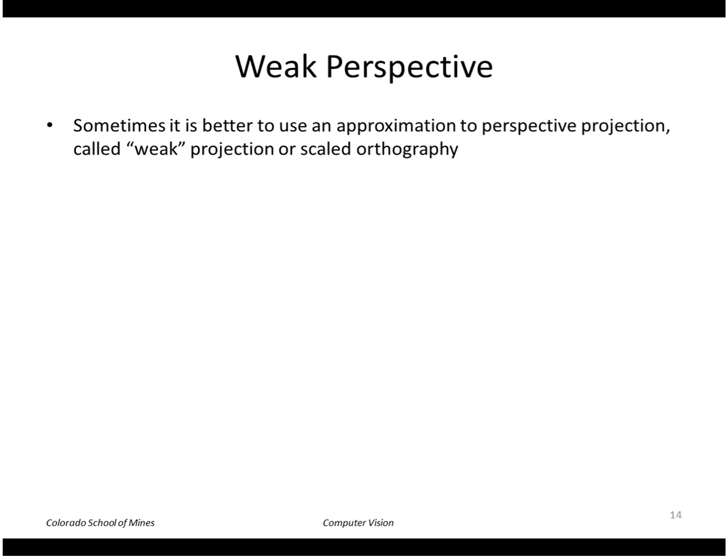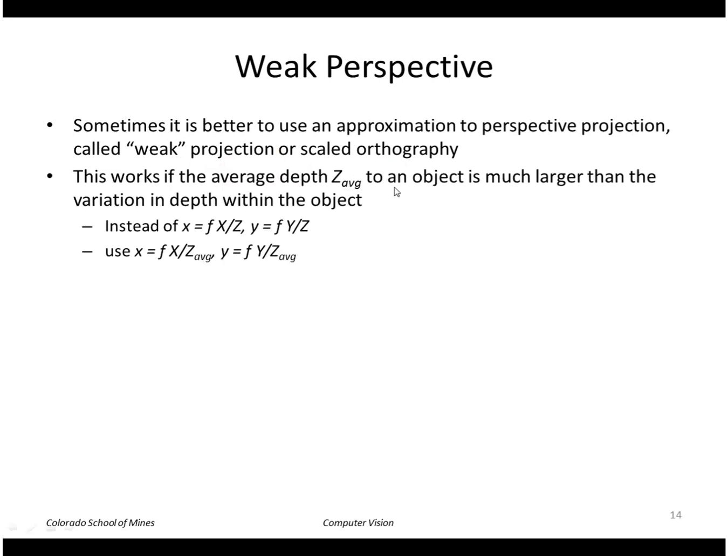Another special case, actually this is a different kind of projection called weak perspective. This is where you are far away from an object that you're looking at. So if the depth of the object I'm looking at, say a baseball 10 feet away or something like that, the variation within the object is much less than the distance to the object.